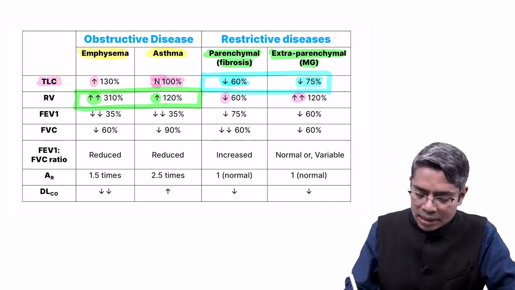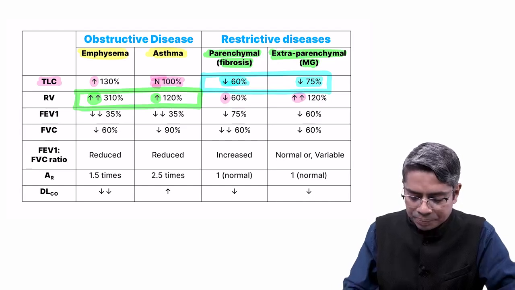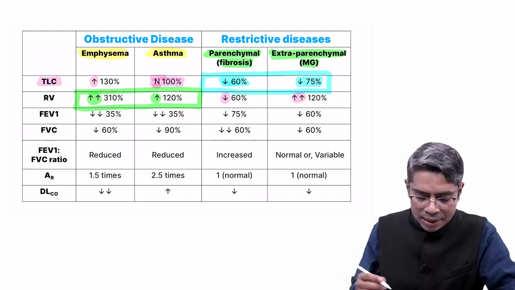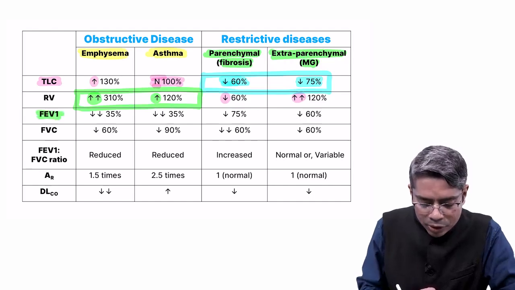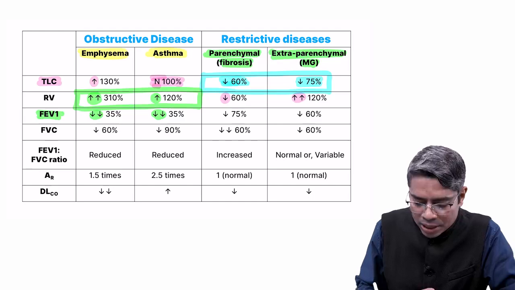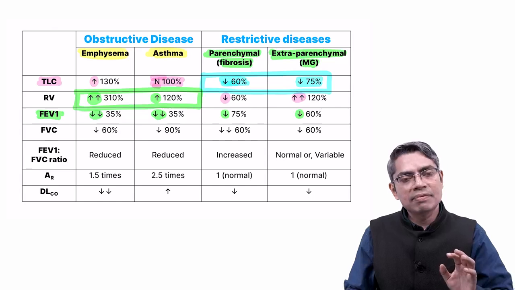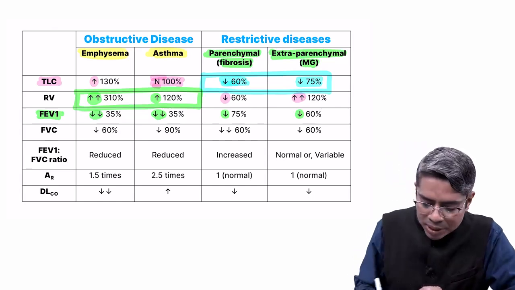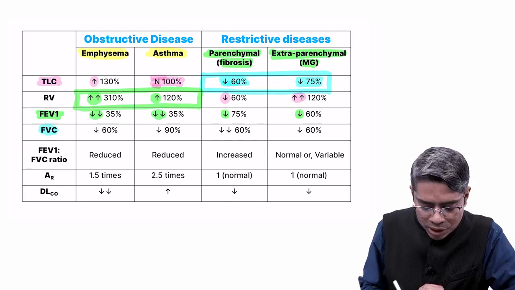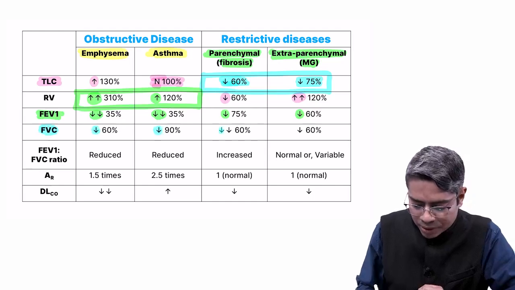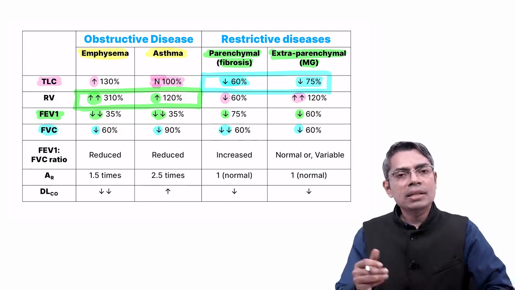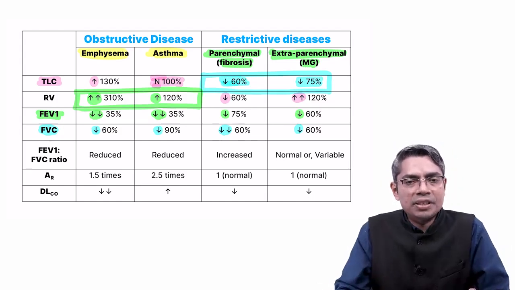Then what will happen to the FEV1 and FVC? We have discussed multiple times that FEV1 as a volume is reduced in all types of disease, restrictive disease, obstructive disease, in all. There will be reduction in FEV1 volume. And FVC volume is also going to be reduced in all the diseases. But now you look at the trend of this reduction.